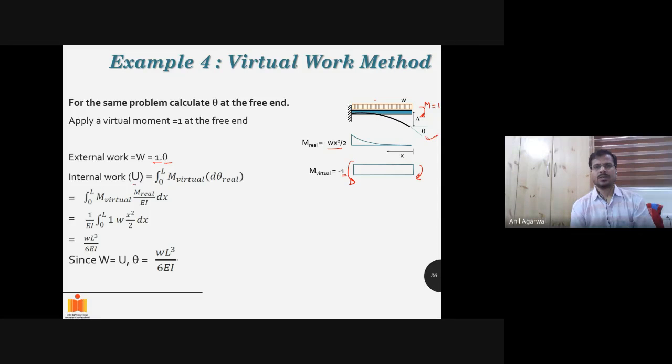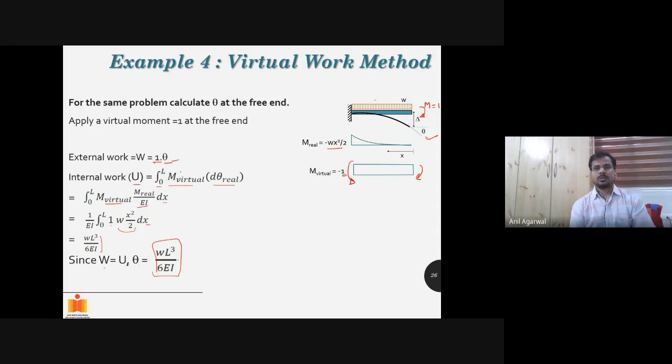The strain energy will be equal to the integration of m virtual m real by EI dx. m virtual is -1, m real is minus wx square by 2. EI is taken out, dx. You integrate this, you get wL cube by 6EI. And that gives you theta equal to wL cube by 6EI.